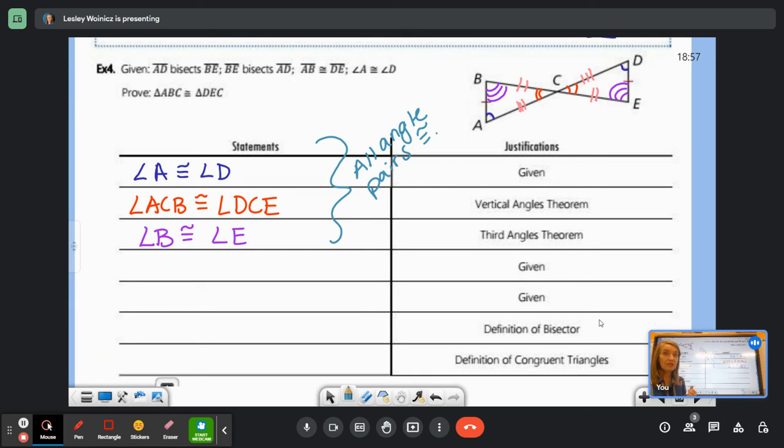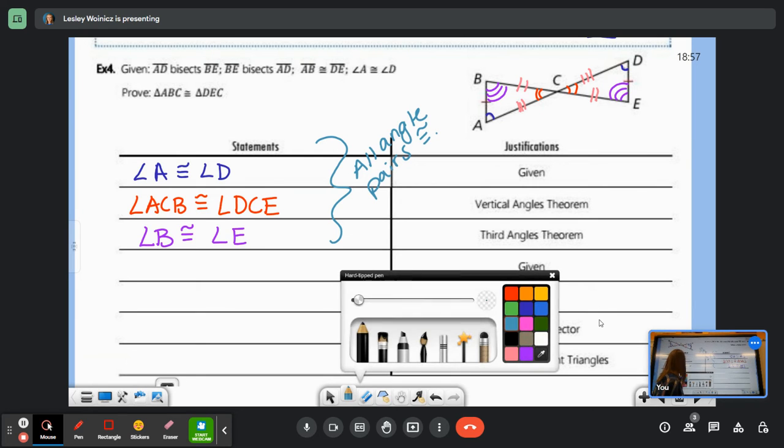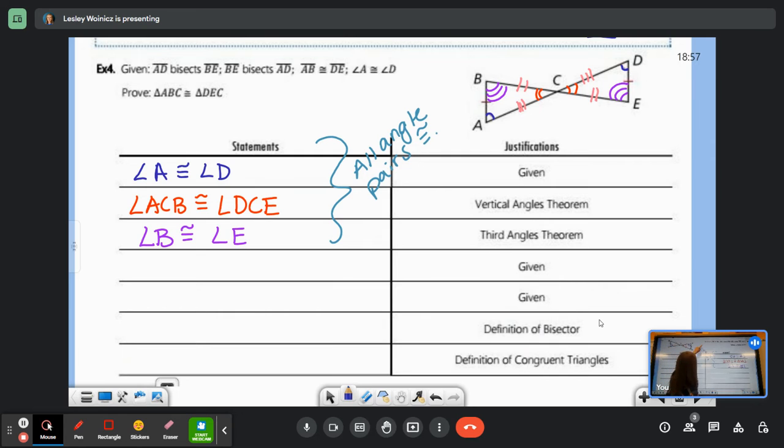So the first side that we know is congruent is, I think it's the A, B, and D, E one. Yeah. All right. So it's this one. This is the one we know already. Segment AB is congruent to segment DE.